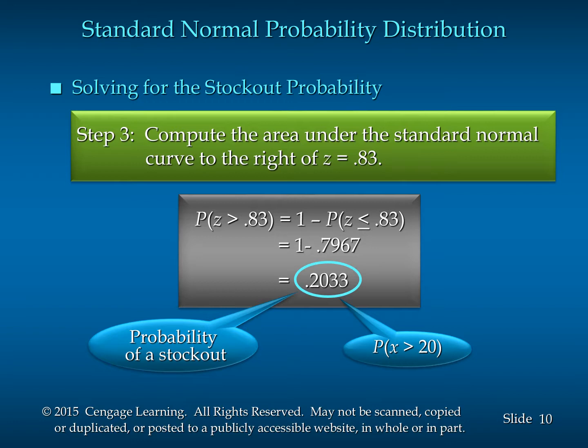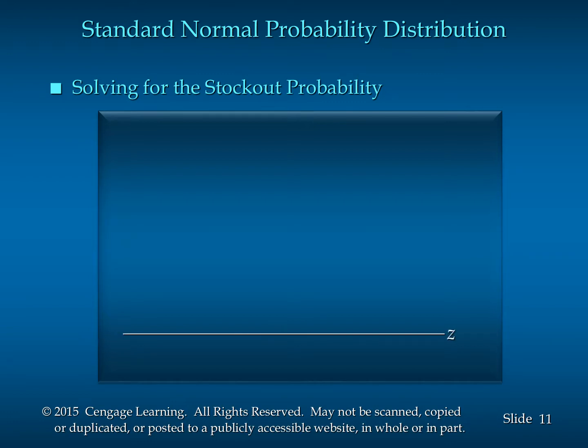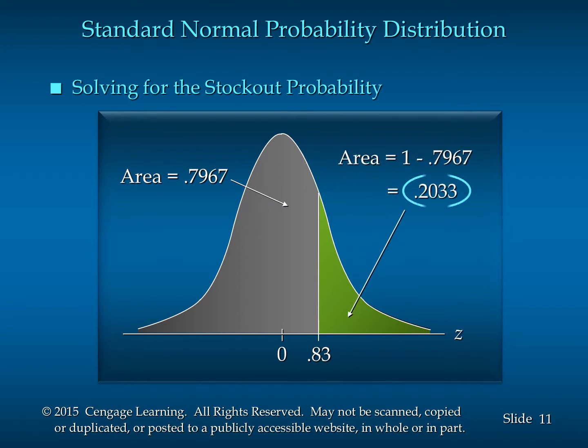Therefore, 1 minus 0.7967 is equal to 0.2033. This is described graphically here. And knowing that the z-distribution was converted from our original distribution, we know that the probability of x greater than 20 is the same, 0.2033.